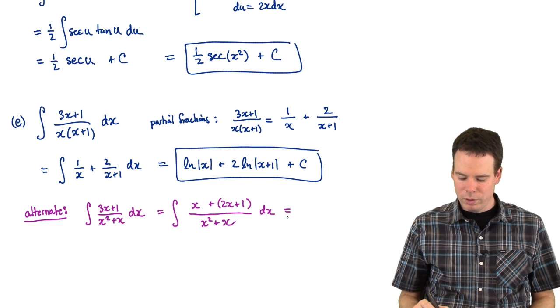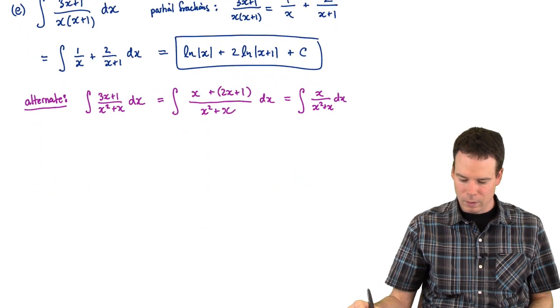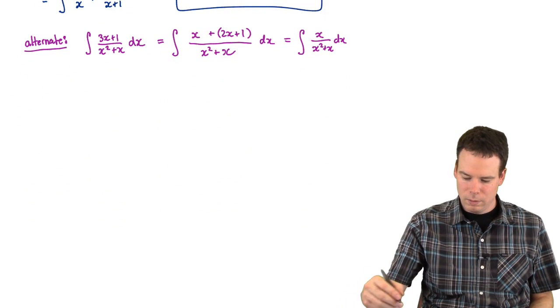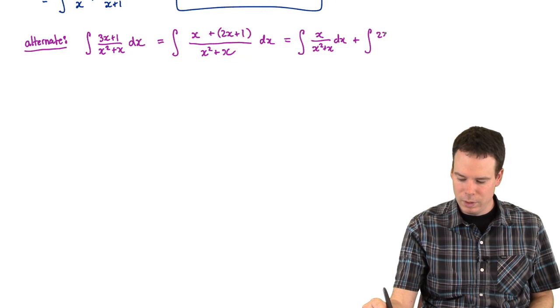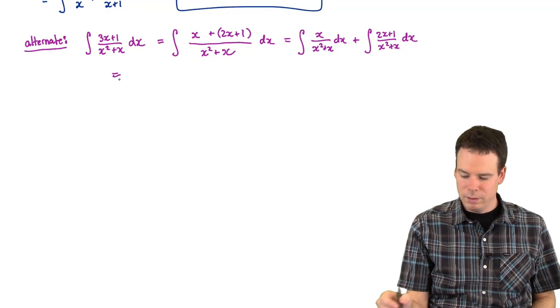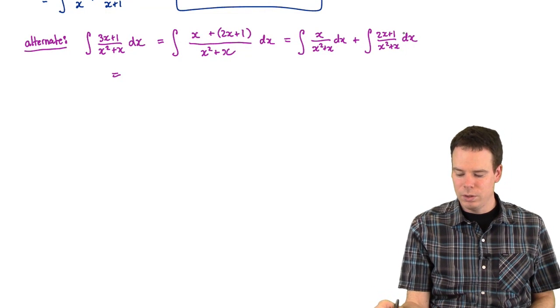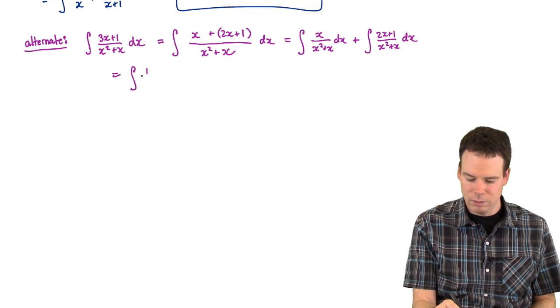Okay, have I made any progress? Well, now I can split the integral up into two integrals, an x over x squared plus x dx, plus the integral of 2x plus 1 over x squared plus x dx. Now the nice thing about this is that second integral we can do directly with the substitution. The first one, there's this common factor of an x that can cancel. So this becomes a 1 over x plus 1 dx.